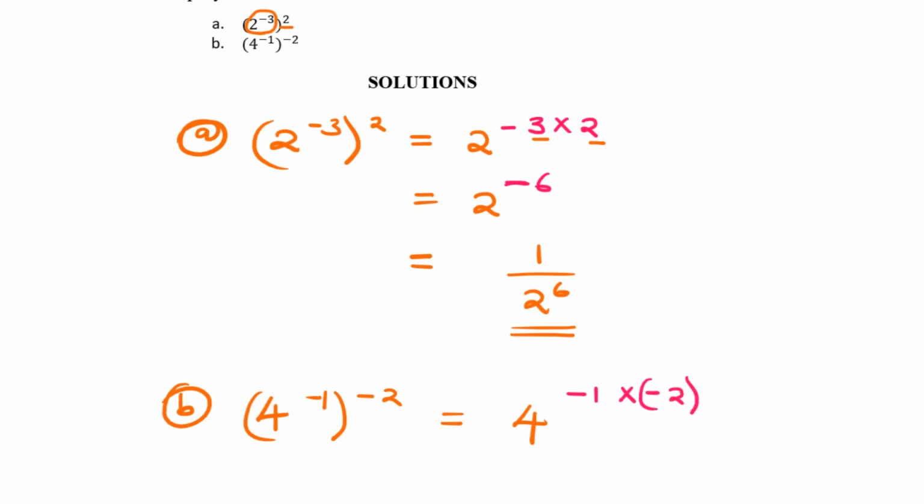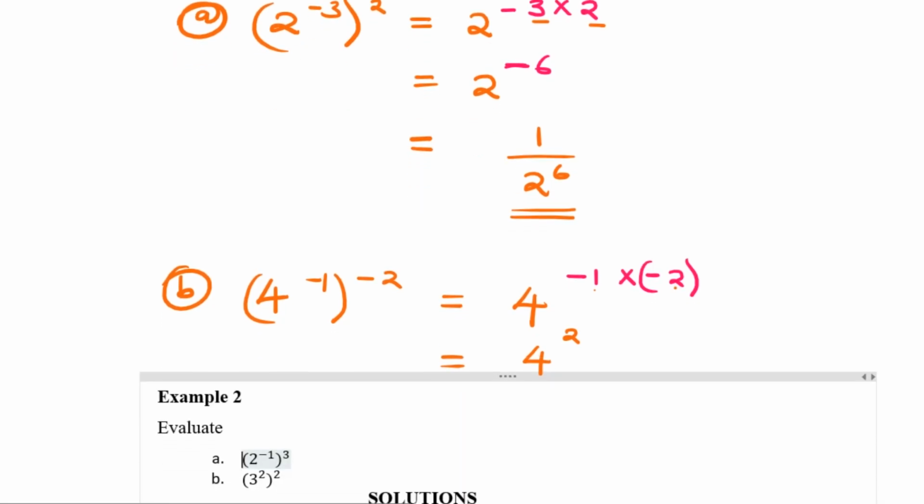This is the same as 4 to the power of negative times negative is positive, 1 times 2 is 2, so it's just 4 to the power 2, or 4 squared.